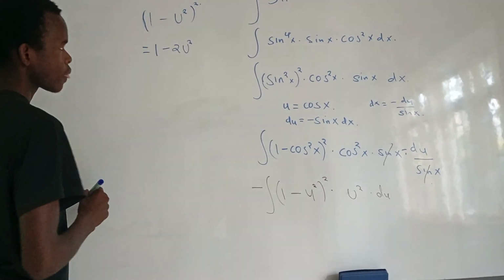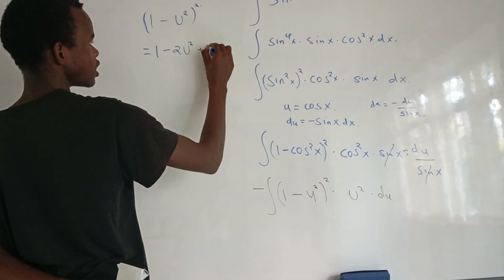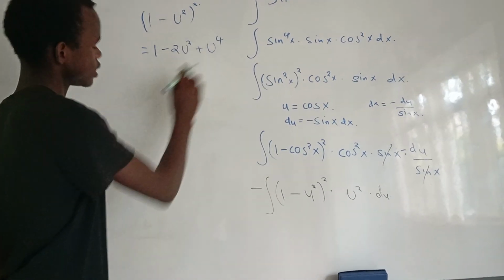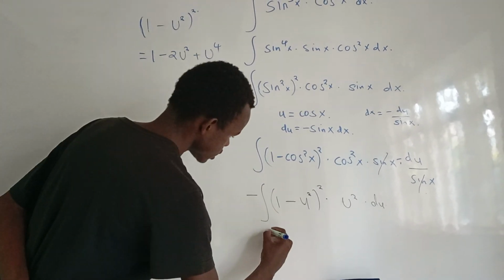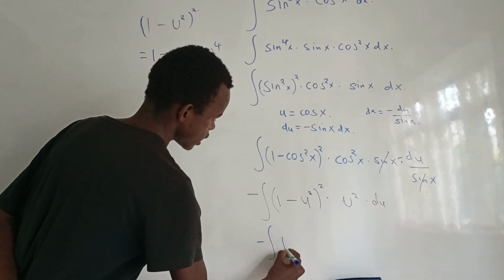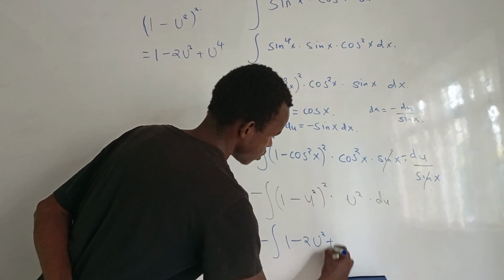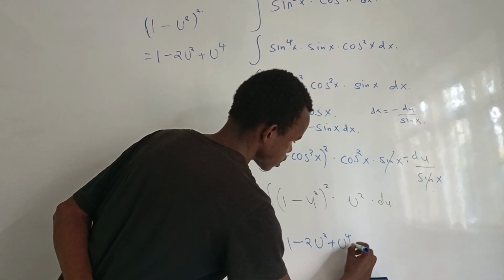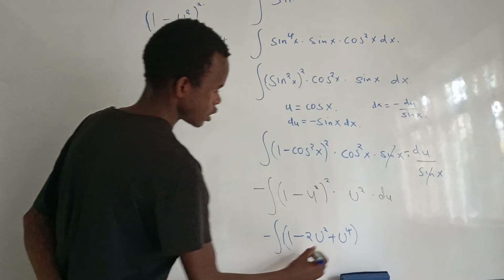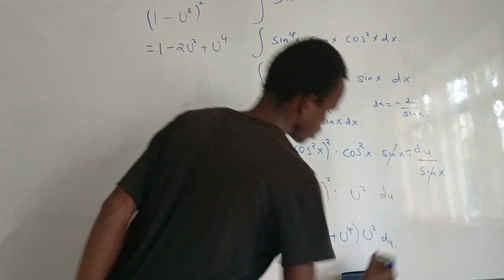Then I'll take my negative u squared squared, I'll get plus u to the fourth. Okay? So all these, just replace with that. So I'll get the negative integral of 1 minus 2u squared plus u to the fourth, all that, okay, and multiplied by u squared du.